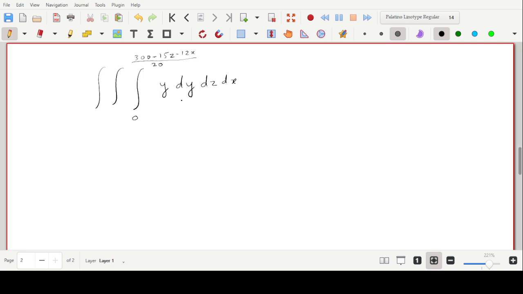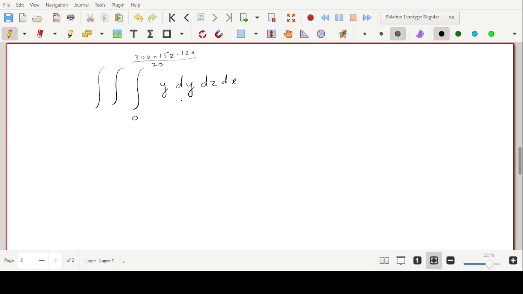See that y is a function in x and z. Every variable with which we are integrating, the limits of that are functions in the remaining variables.